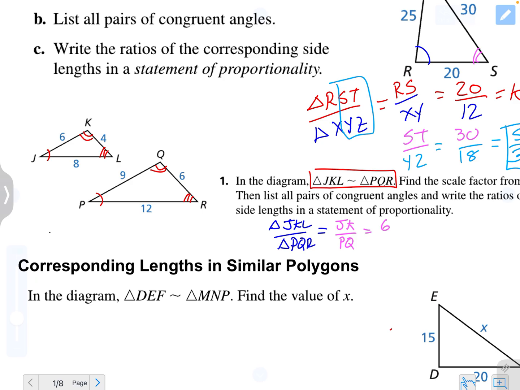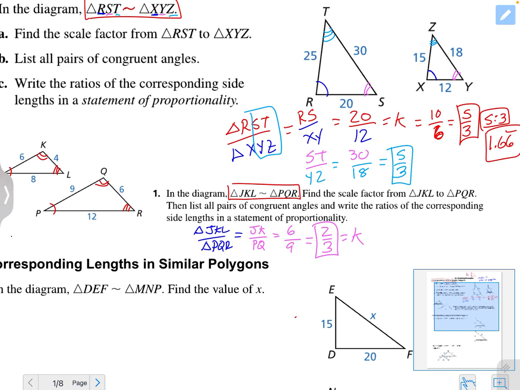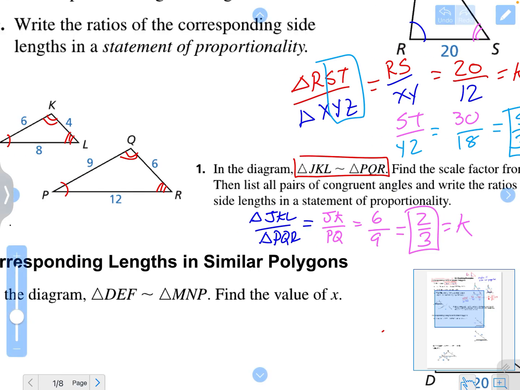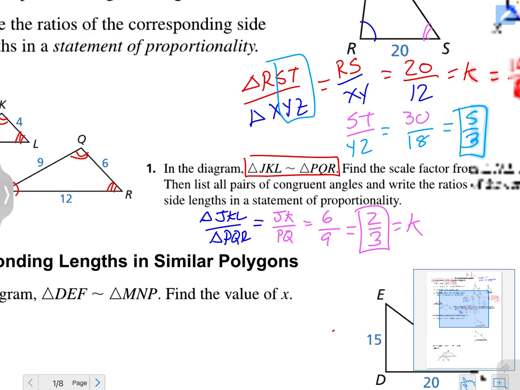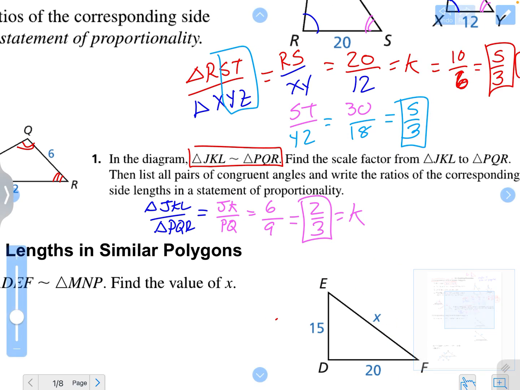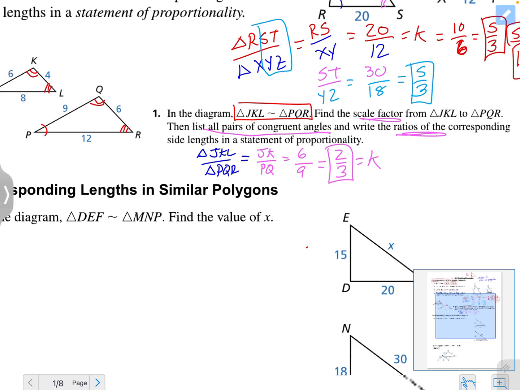JK is 6, PQ is 9, and so that's going to simplify to 2/3. If this is truly similar, if we were to do the other two sides, we would get our scale factor is 2/3. So we've marked our congruent angles, so we don't need to list them. We've written our scale factor, and then I'm just going to do one of the ratios because I know that they are similar.